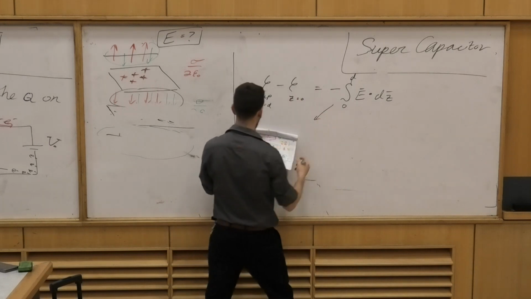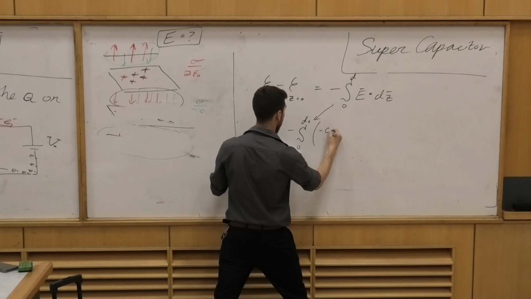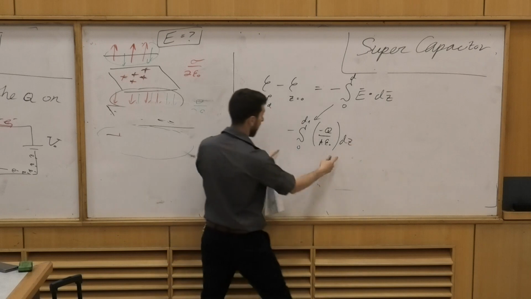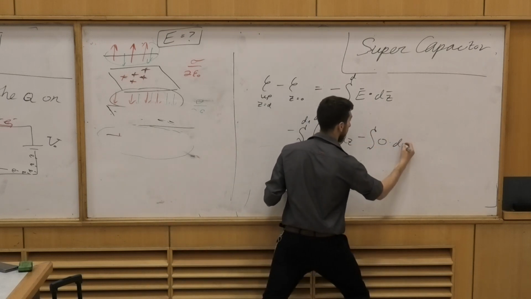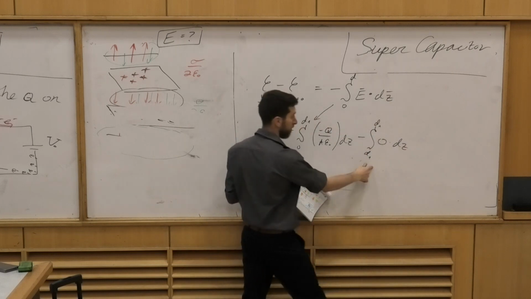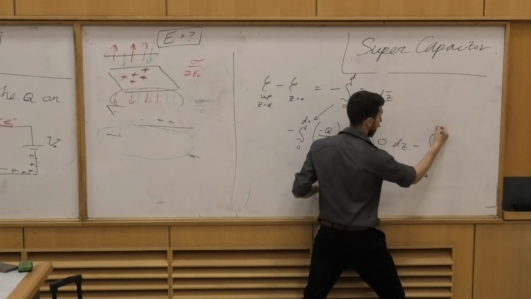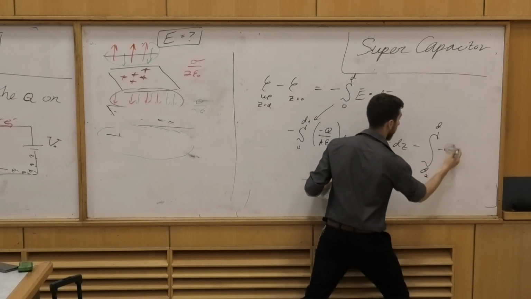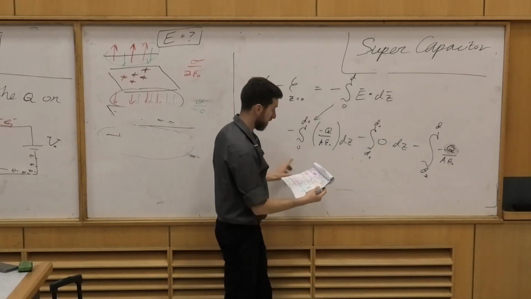So we actually need to split this integral. Be careful with the minuses. This is the electric field inside the capacitor. This is inside the conductor, from D1 till D2. And this is outside the conductor, in the second capacitor, which is going to have Q over A epsilon.